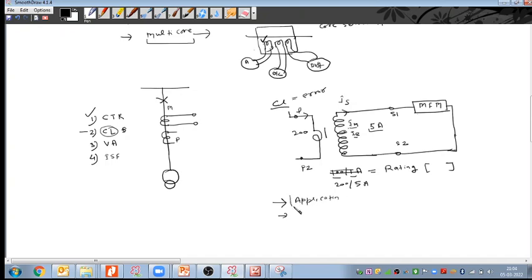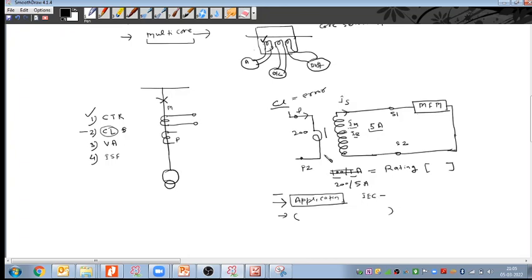Please understand, this we need to select based on the applications of the current transformer, and for the current transformer standard we are referring to the IEC standard. What is the available accuracy class, what is the available rating given? So selection is application-wise, but we should know what range is available for the selection.